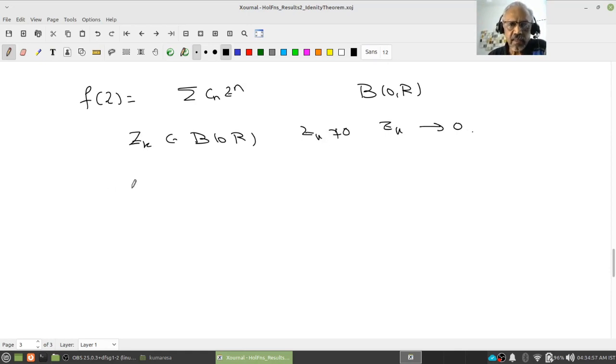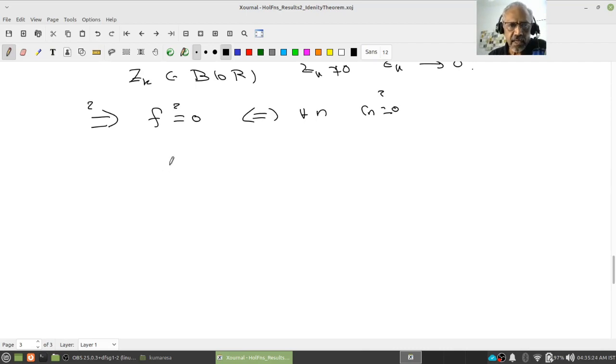That means the power series vanishes at infinitely many points other than 0. Then I want to know whether f is the zero power series, which is the same as saying that for all n, Cn is 0. This is the question we want to ask.